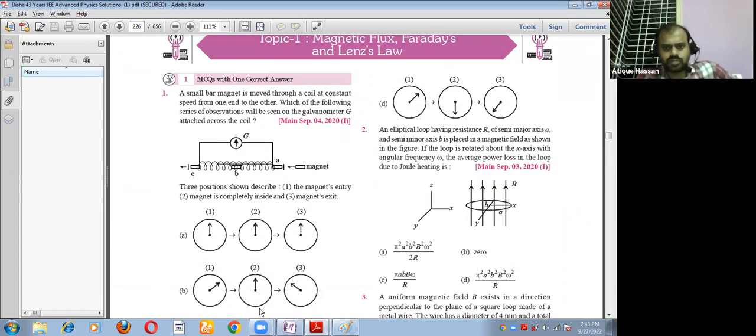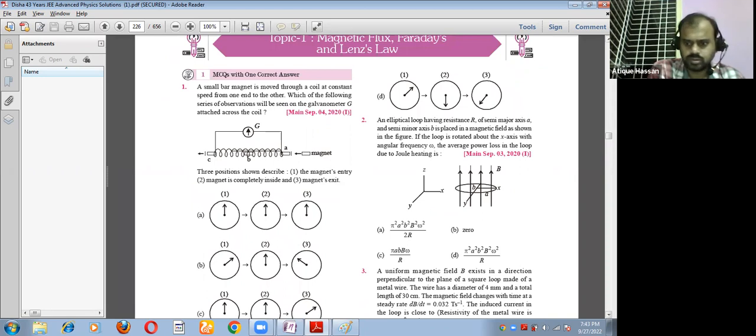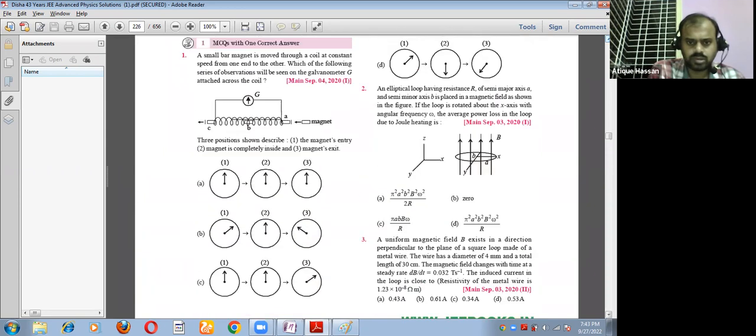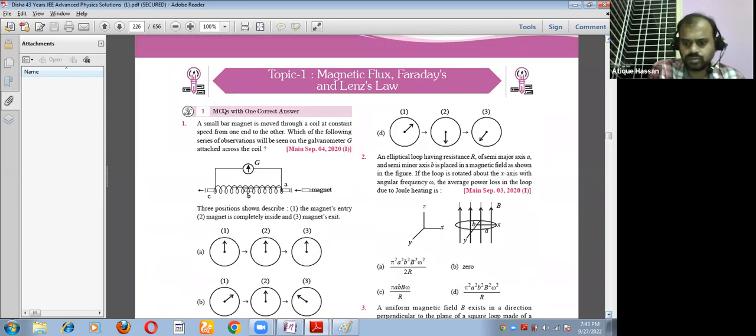Can you solve this question number 1? Try it. Question number 1. This is a JEE Main 2020 question.